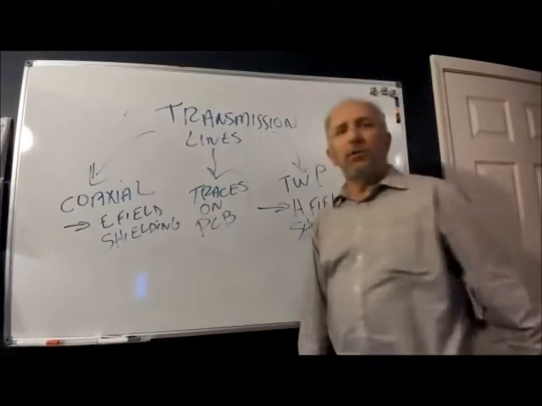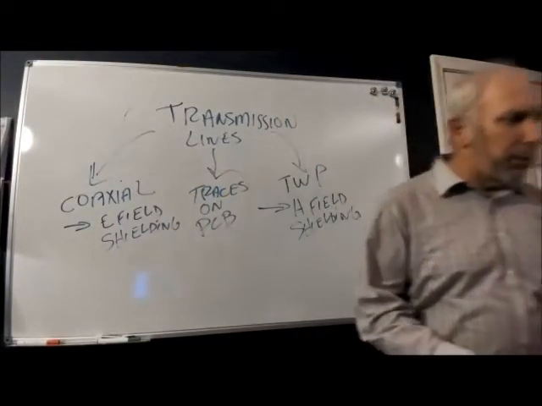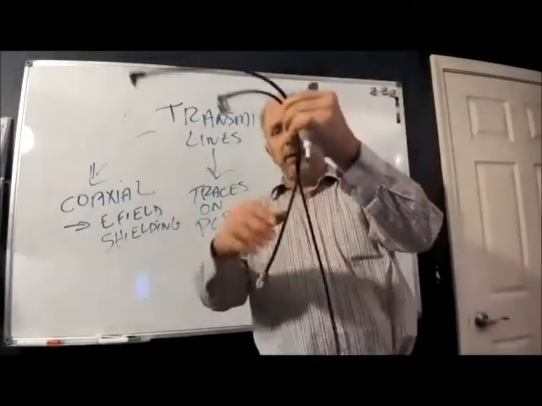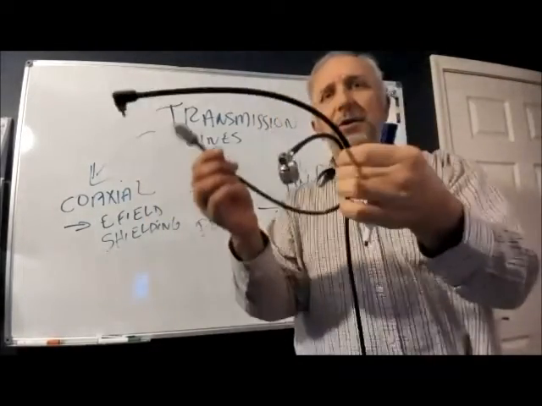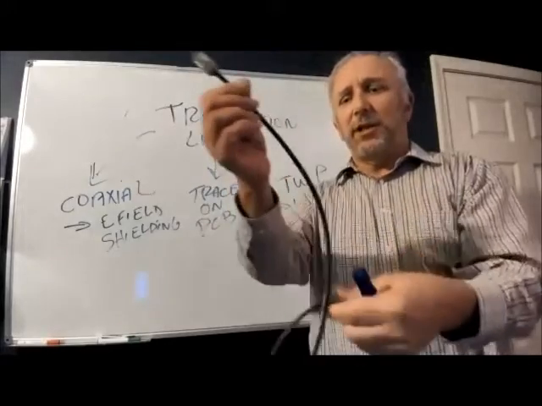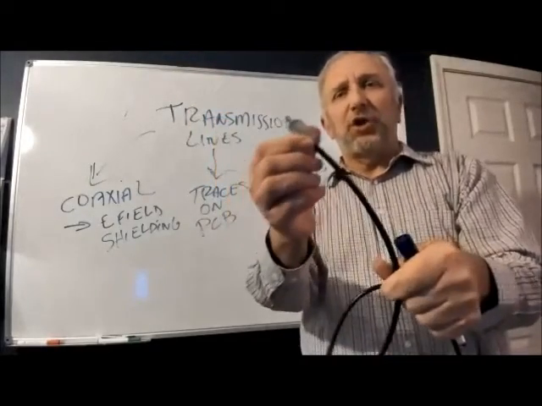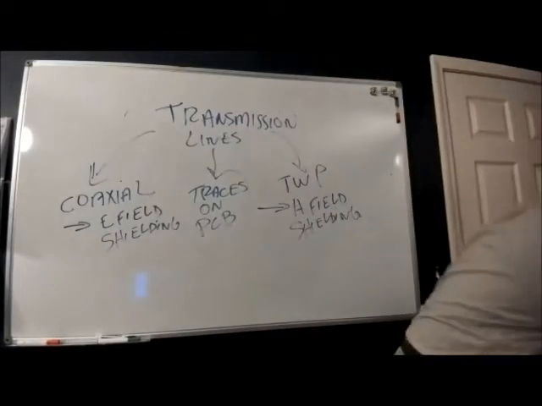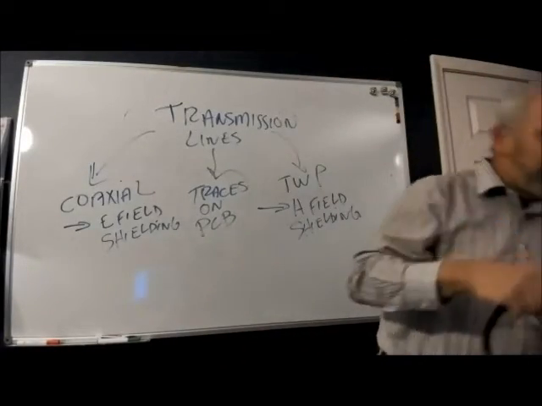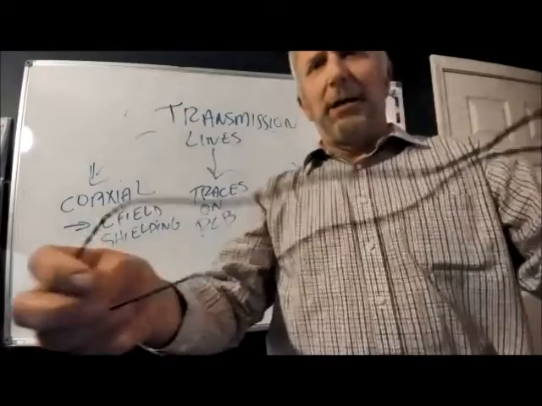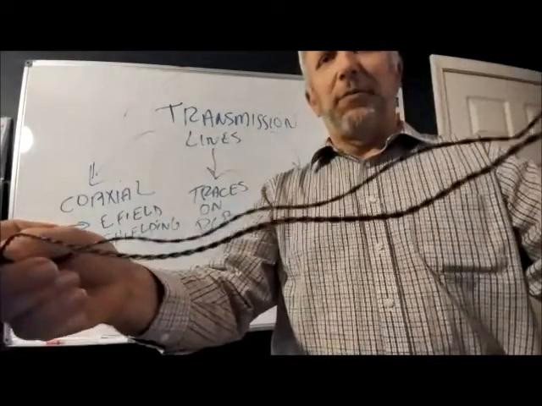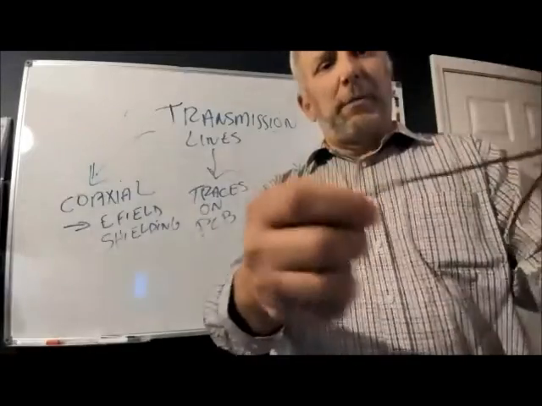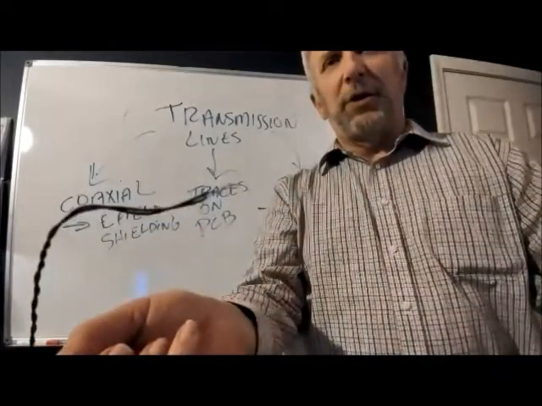This sounds like a crazy concept, because normally when you think of a transmission line, you think of this kind of stuff: coaxial cable with these giant connectors on the end. Or you might think of twisted wire. Maybe you can see we have two conductors there.